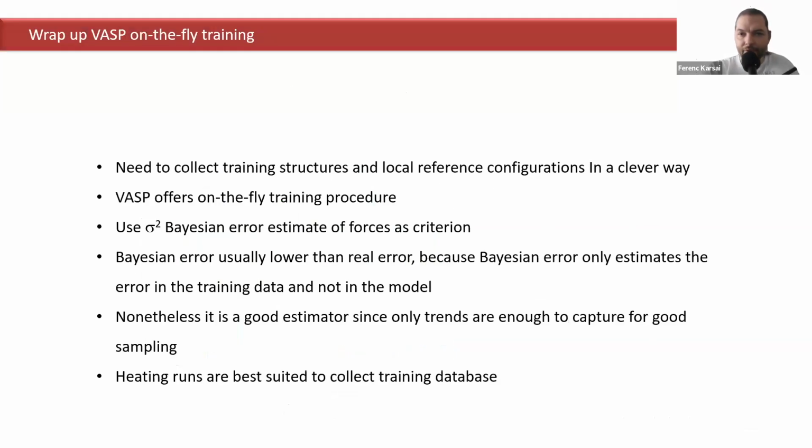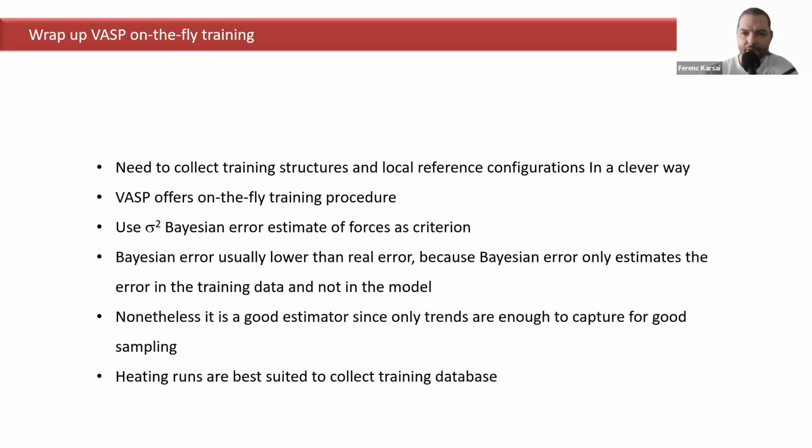So let's wrap up what we heard about on-the-fly learning. First, we need to collect training data in a clever way. Otherwise, it would take too much time to collect it, or it would not collect from the required phase space. For that, VASP offers the on-the-fly training procedure. It uses the Bayesian variances to estimate the errors of the force.